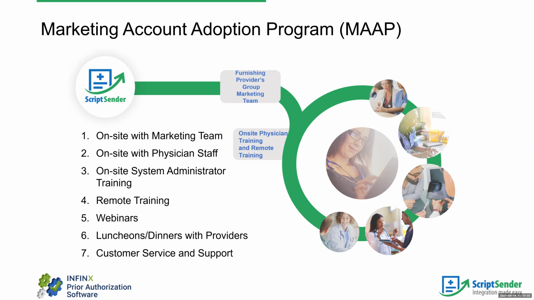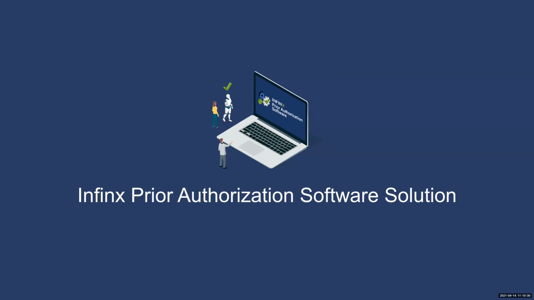Everything's done in one step, but you want the referring physician to be very comfortable. So we provide everything from marketing collateral and brochures that can be left behind, through webinars and remote training. We've even done luncheons and dinners for everyone, but it's a very collaborative approach so that we take that pressure off of the furnishing provider, and we can team up with them to make sure that adoption is maximized. So let's roll over to the demonstration.